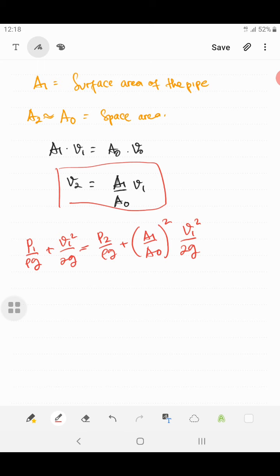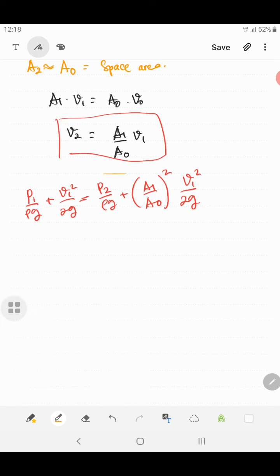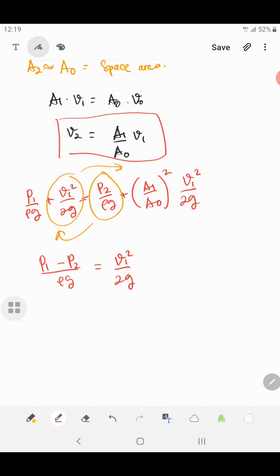And I can move this P to the left and this one to the right, then the equation becomes P1 minus P2 over G is equal to V1 square over 2G times (A1 over A0) square minus 1.